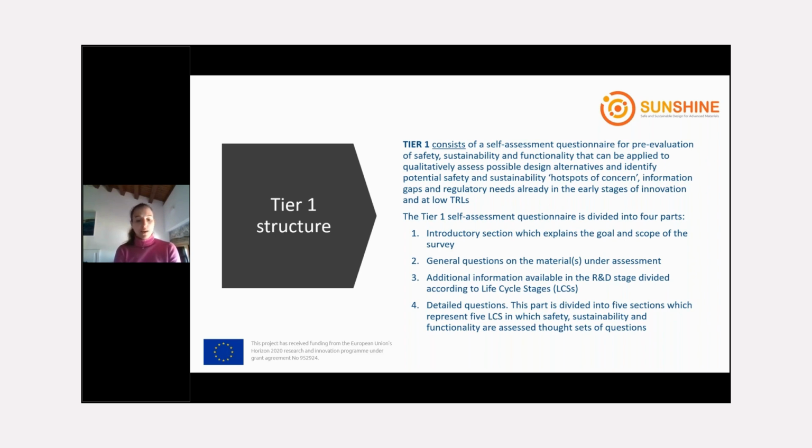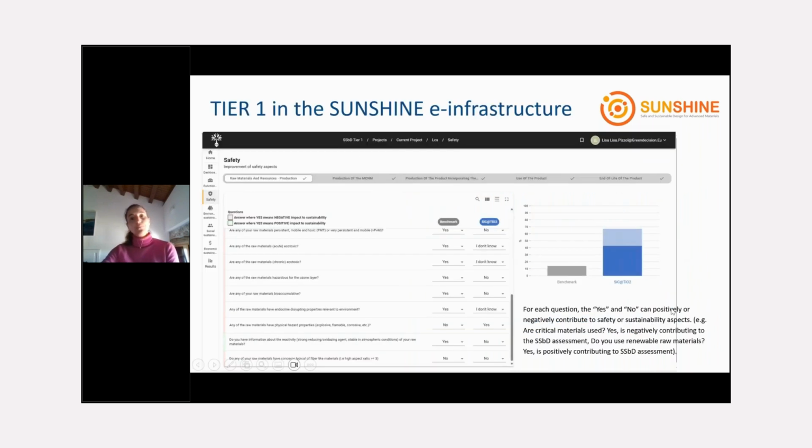Up to now, we have 153 questions that are divided into 5 sections that represent the different life cycle stages. And within each life cycle stage, questions are divided according to safety, sustainability, and functionality aspects.